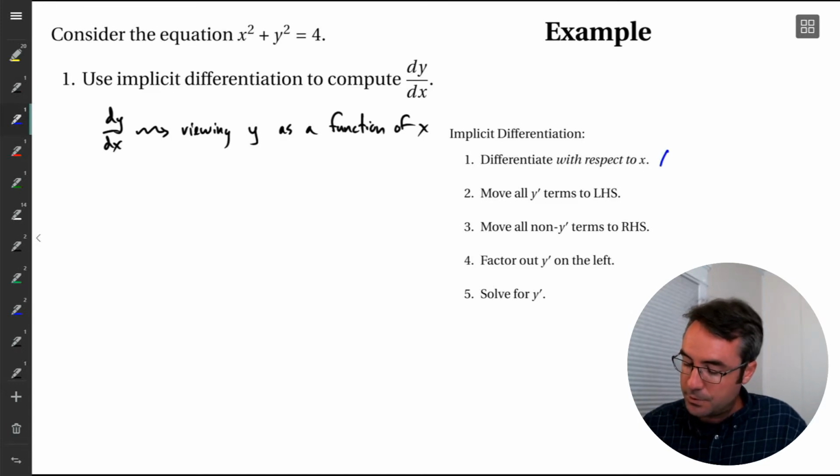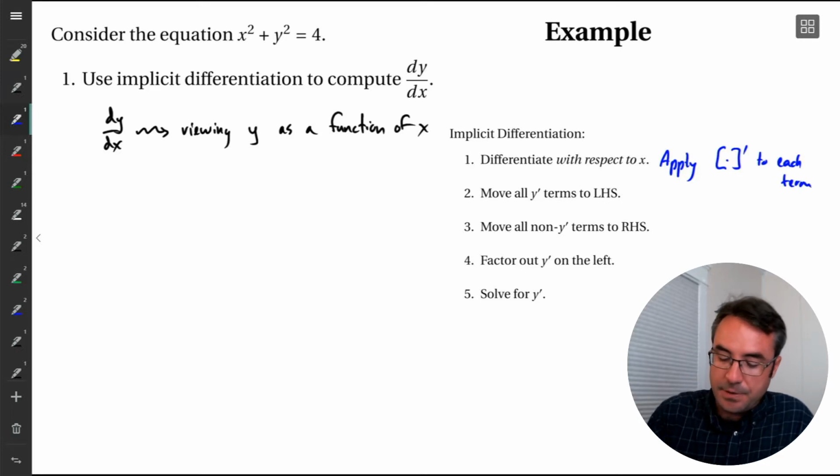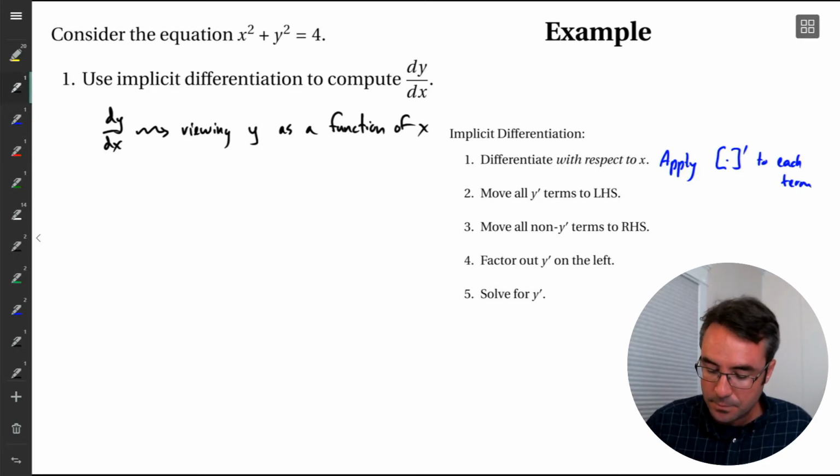So really what we're going to do is apply the derivative to each term. So let's do that. That's step 1. Let's write down our equation: x squared plus y squared is equal to 4.